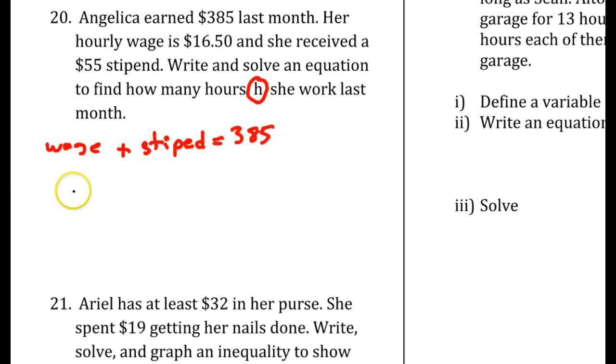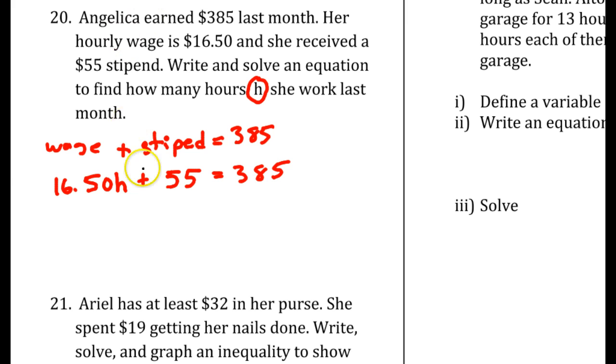So for the wages, she gets $16.50 per hour. Every hour she gets that much. So two hours will get $33. For 4 hours, add another $33. So it's going to be $16.50 times however many hours she works, plus that $55 stipend. All that's going to add up to $385.